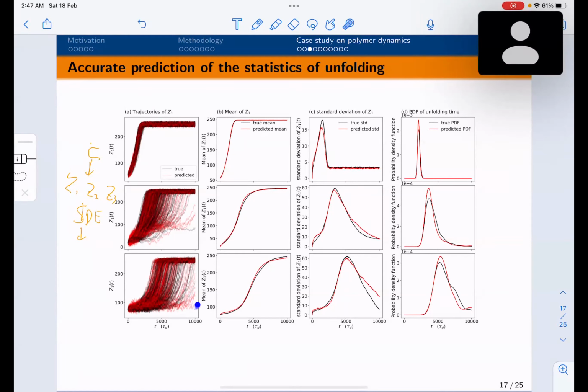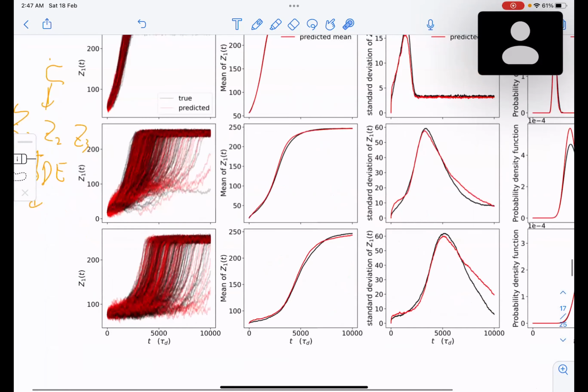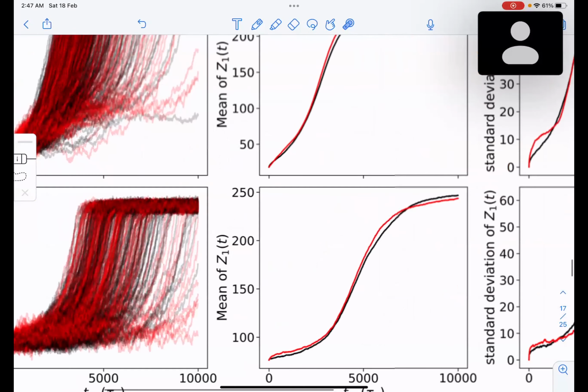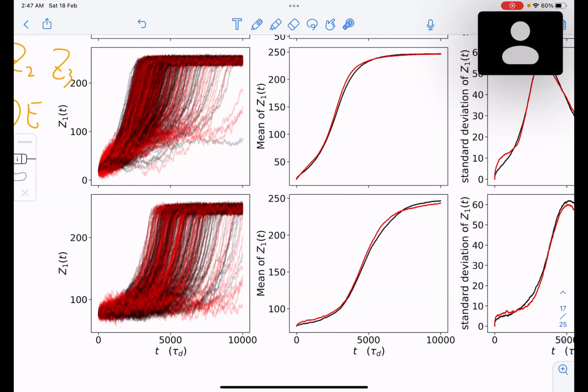Yeah, for example. Because of the stochasticity here, I think our learned model found more slow trajectories. You can also see the black one also tended very slow. But we don't know if it's right or not.